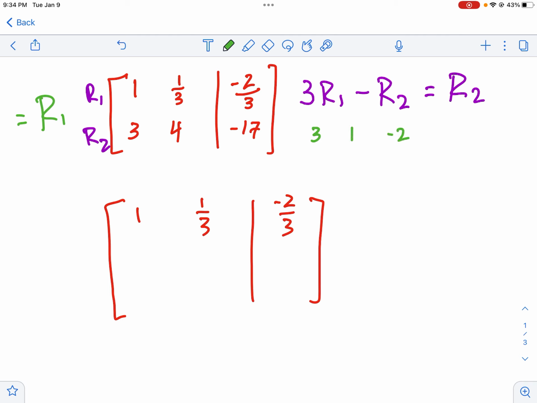And if I subtract my R2, which is 3, 4, -17, right? Subtracting. So 3 minus 3 is 0. 1 minus 4, or if you want, you can just change the signs, it might be easier. So this becomes a minus and this becomes a plus. So 1 minus 4 is -3, and 2 plus 17 is 15.